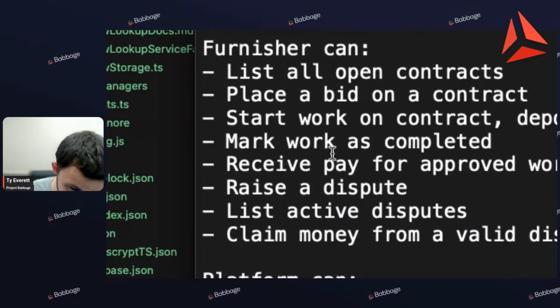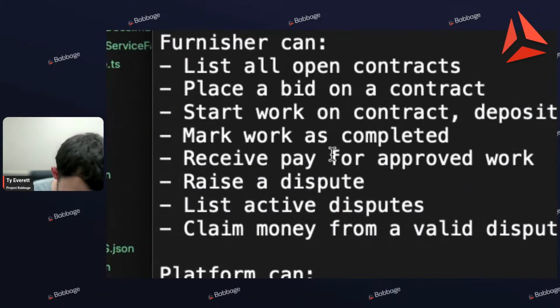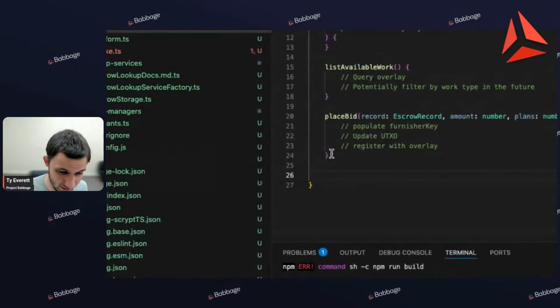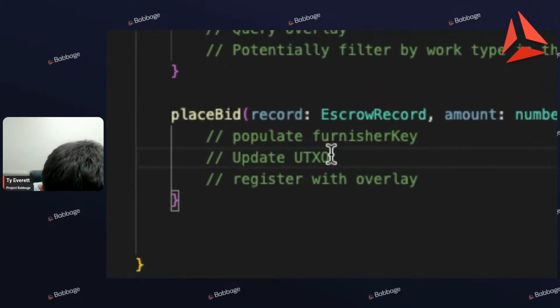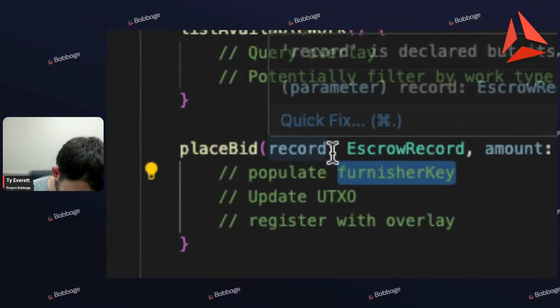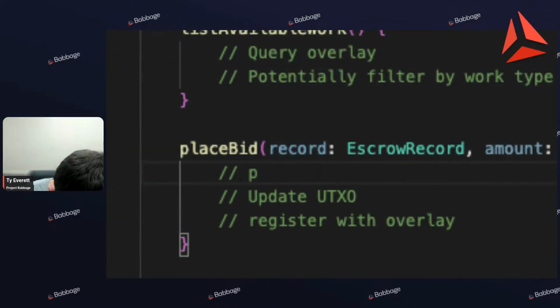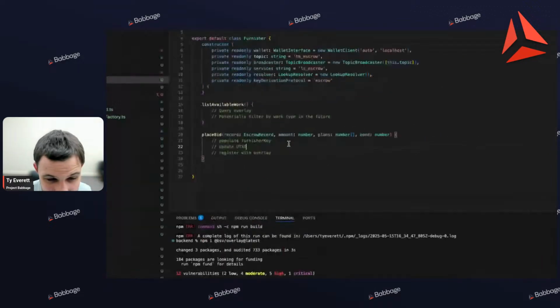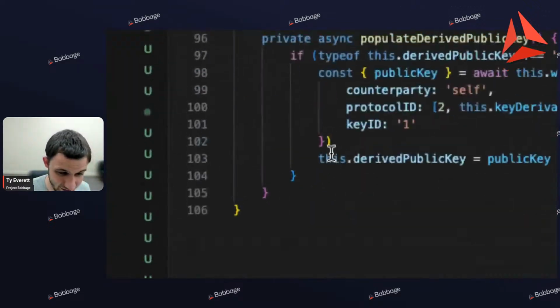A furnisher can place a bid, start work, posting bond if needed. Oh, I see. Populate, aka this.